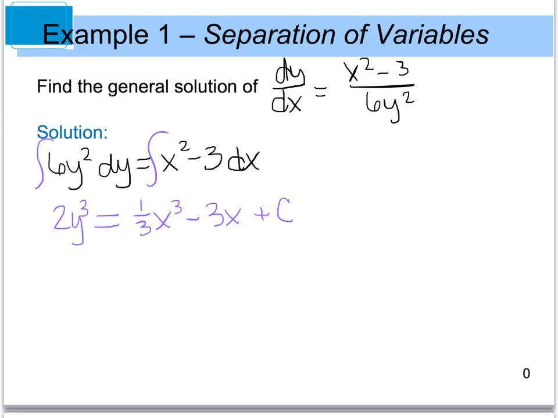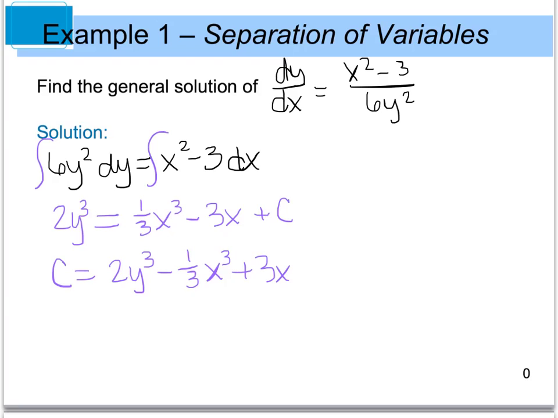Now to solve this, we want to isolate our variable c. So we get c is equal to 2y cubed minus 1/3 x cubed plus 3x.